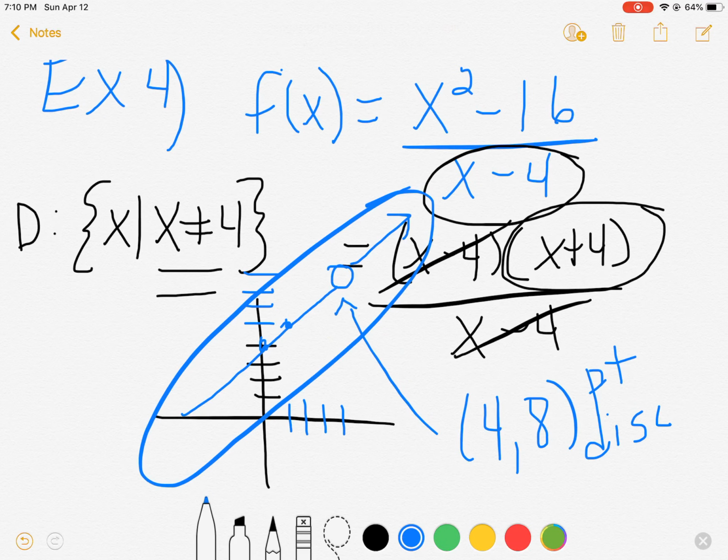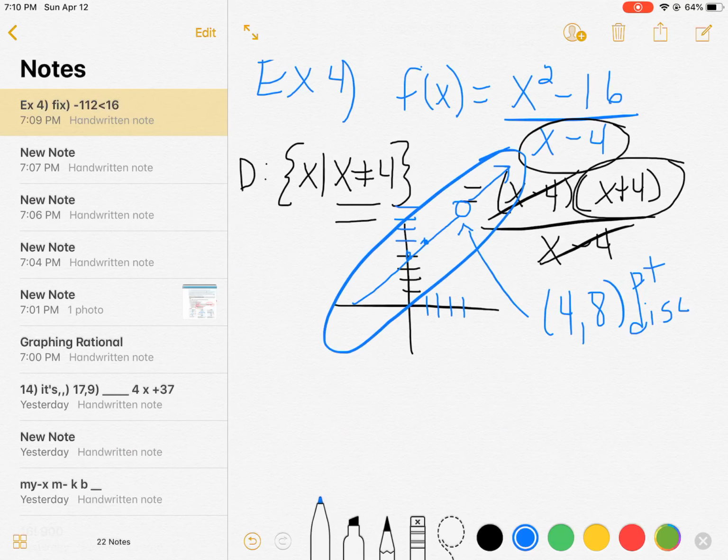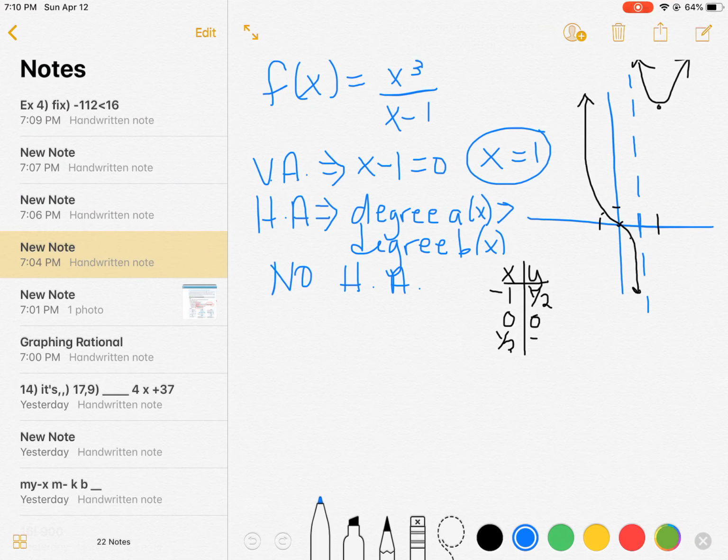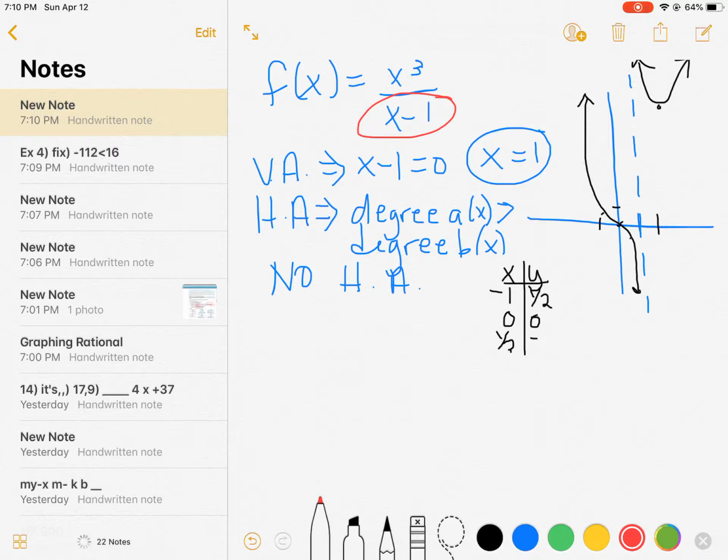Okay, let's see if we can review these examples real quick and see what we need to do when we're graphing rational functions. So if I look back at our notes, in this first example, my denominator, x can equal 1, so that becomes my vertical asymptote.